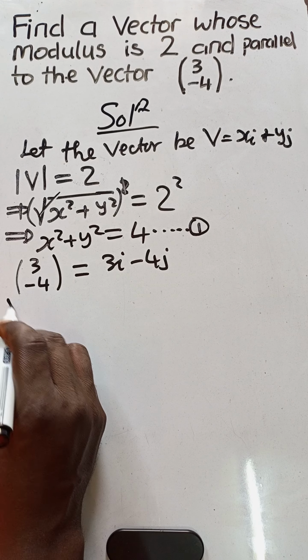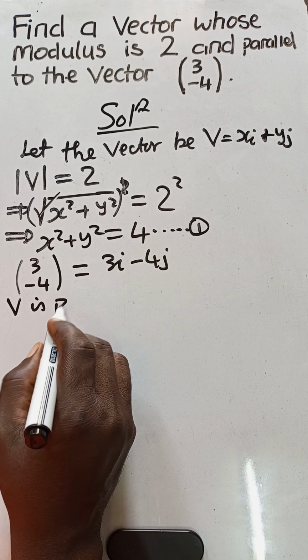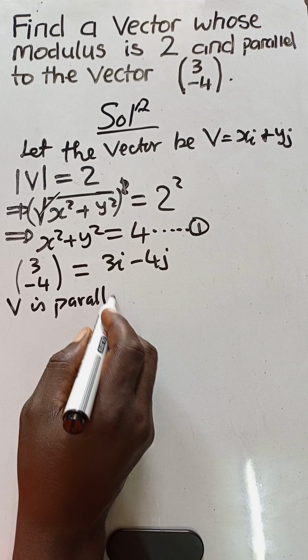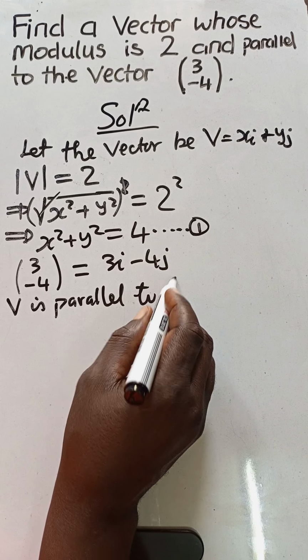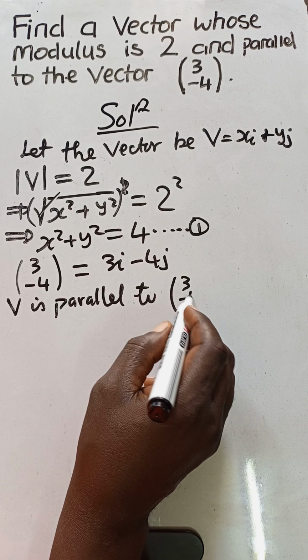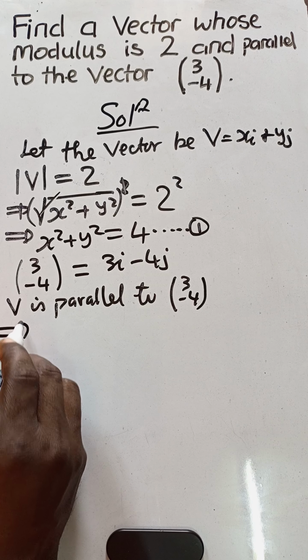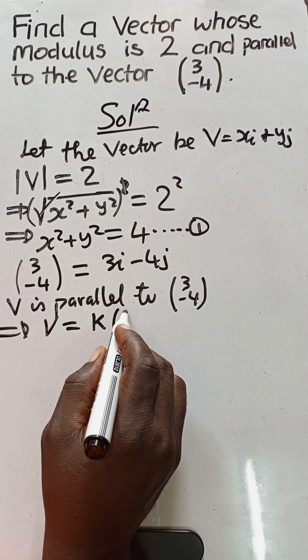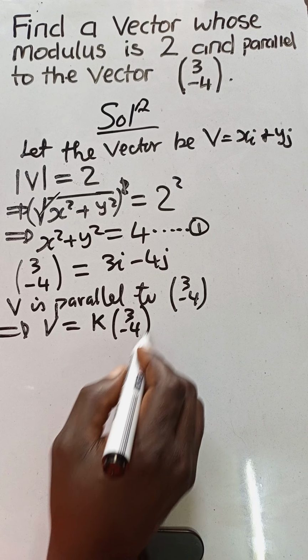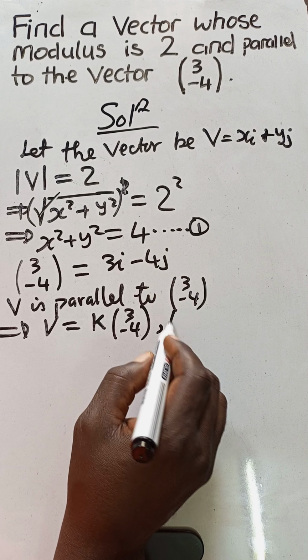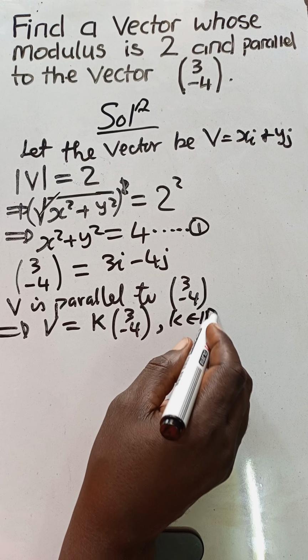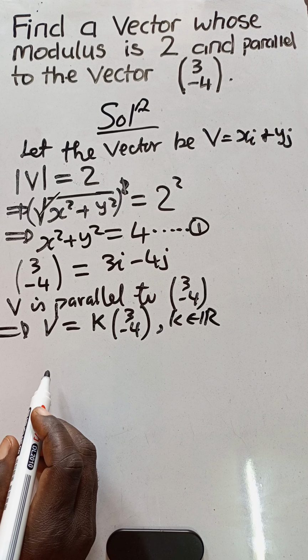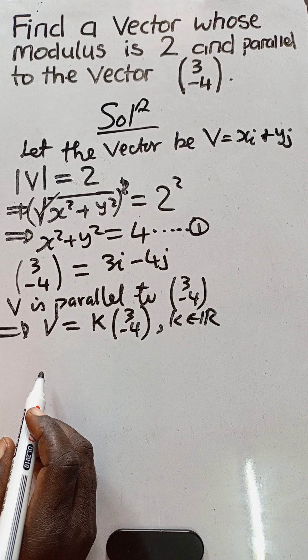Now we are told that v is parallel to the vector (3, -4). It simply means that v can be expressed as a scalar multiple of that vector, where k is a real constant.